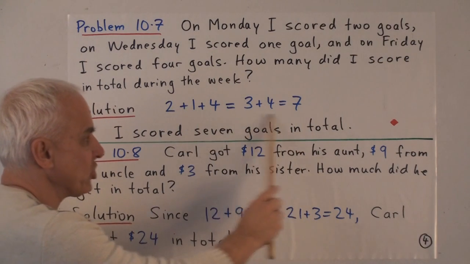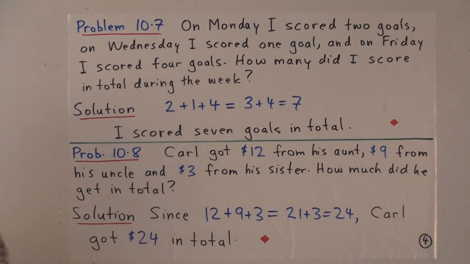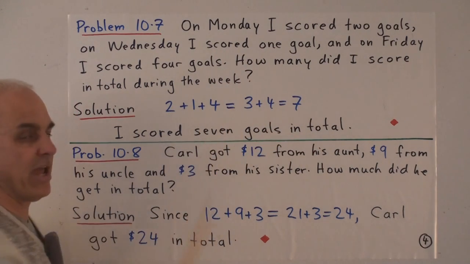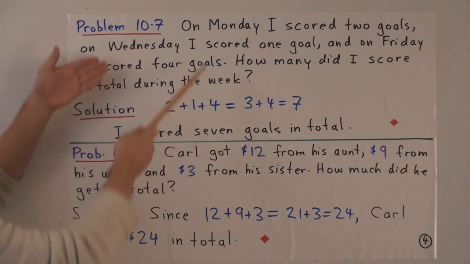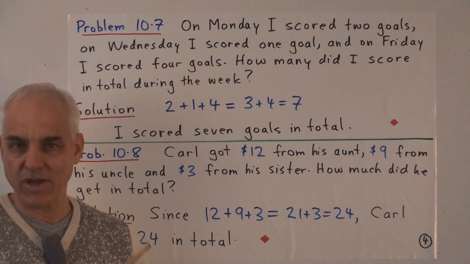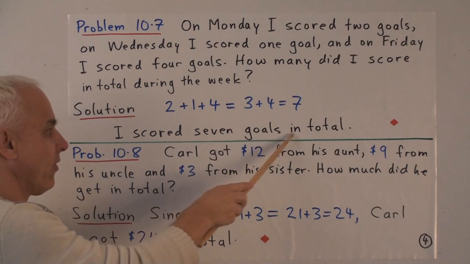Having made the computation, I'm going to write down the answer with words, and I'm going to use words for the numbers because the question that we were asked had the numbers in words as well. So I'm sort of going to reply in the same format or a similar format to the way the question was worded to me. I'll say I scored 7 goals in total.